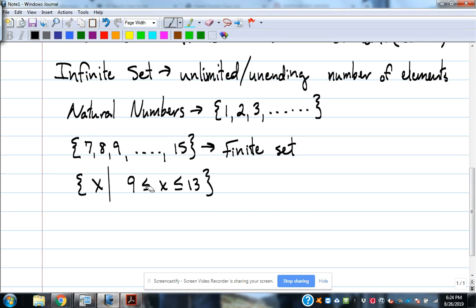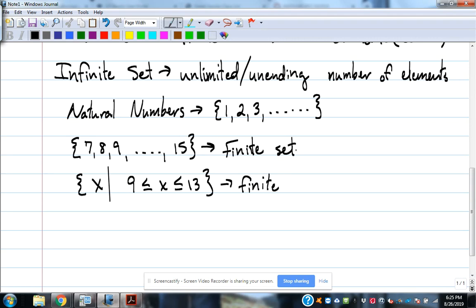X is greater than 9, but it's less than 13. What's the little bar underneath the inequality symbol mean? Or equal to. So it could be 9, it could be 13, but all of the X's that we're talking about are between those two numbers, from 9 to 13. So that would be an infinite or a finite set? It'd be finite because it's got a starting and an ending point, right?